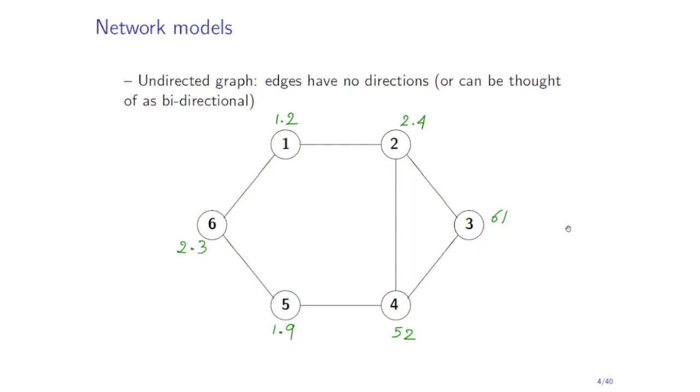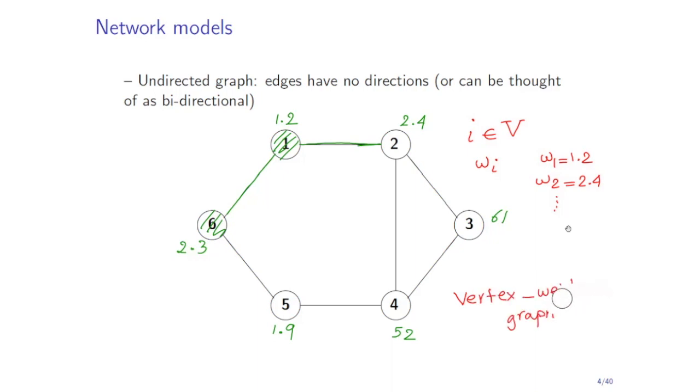So in addition to the vertices and the edges, I have some extra numbers assigned to the vertices. Every vertex i in the set of vertices is associated with a weight which I denote by Wi. For example, here W1 is 1.2, W2 is 2.4, and so on. A graph like this, where every vertex is associated with a weight, is called a vertex-weighted graph.